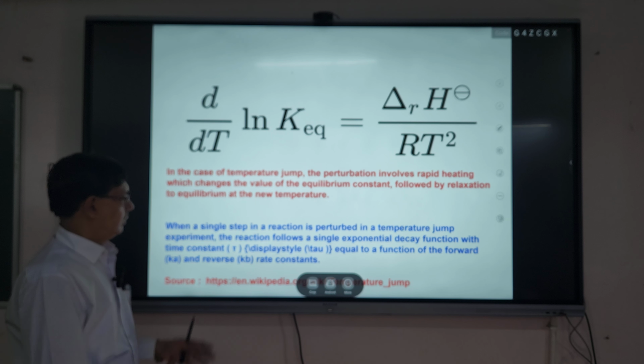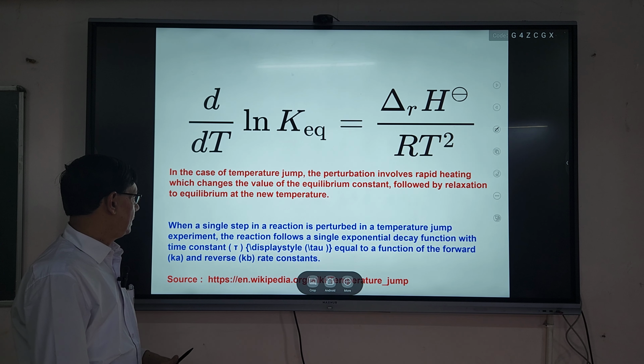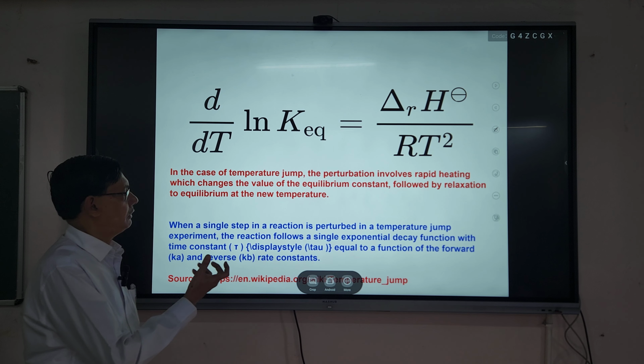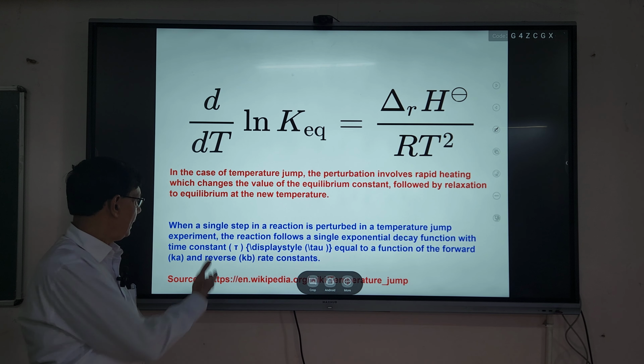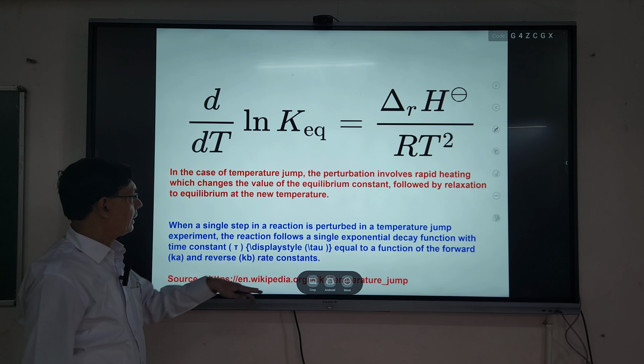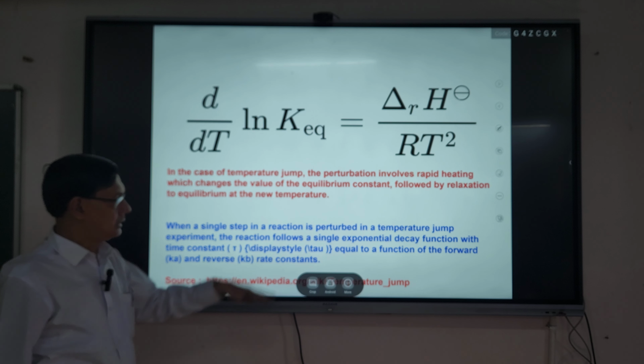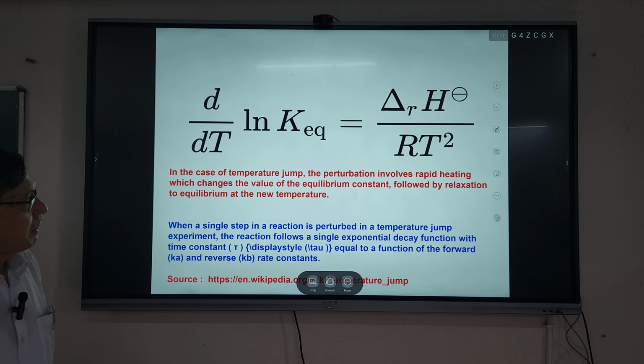When a single step of the reaction is perturbed, the reaction follows a single exponential decay function with respect to time.